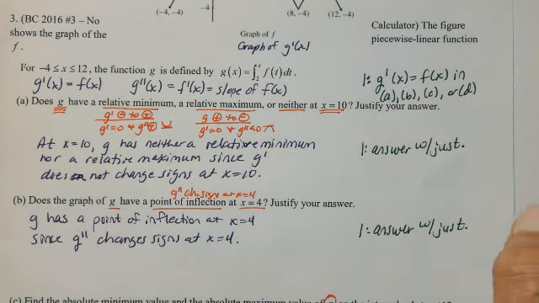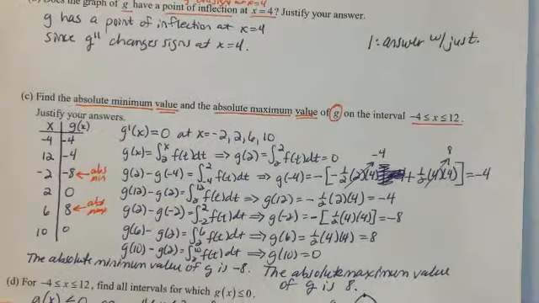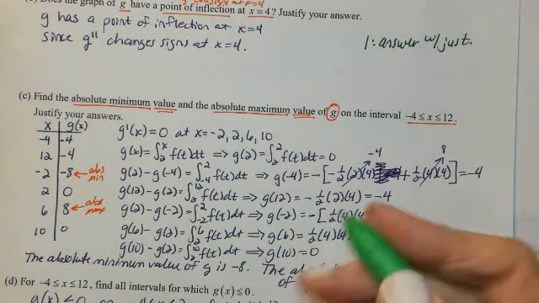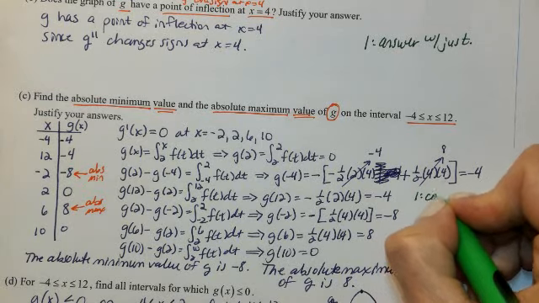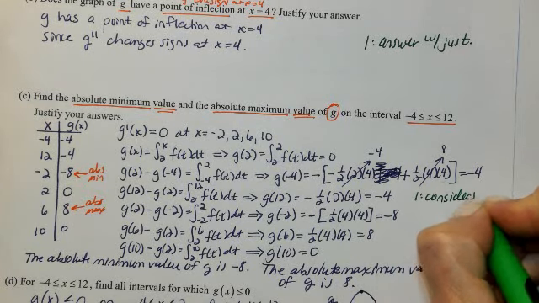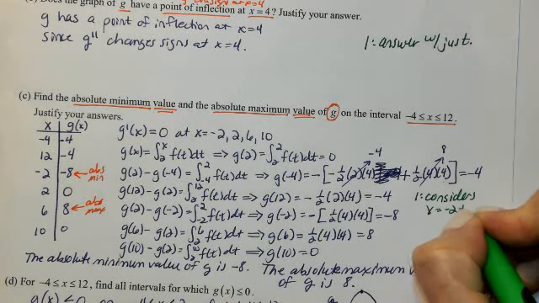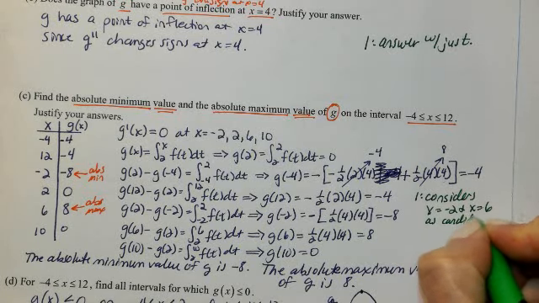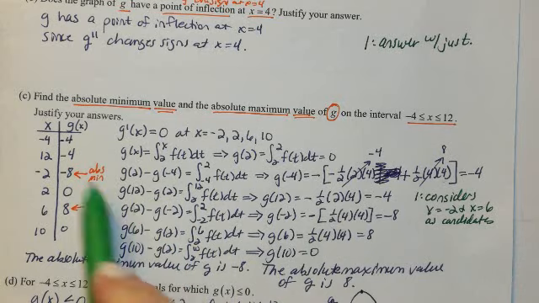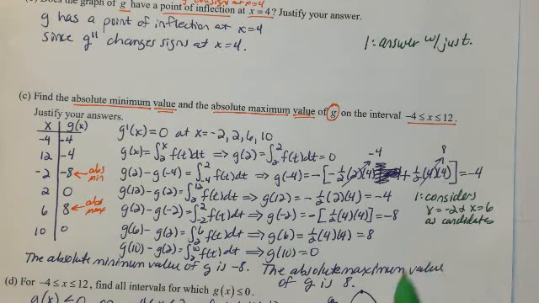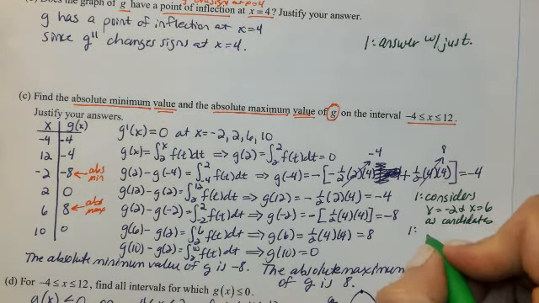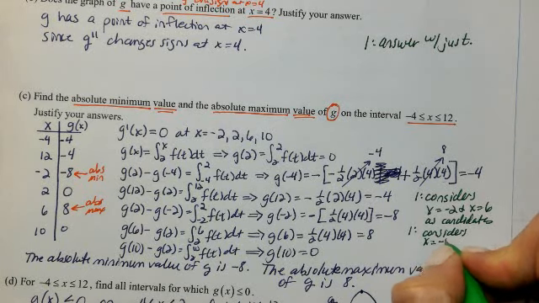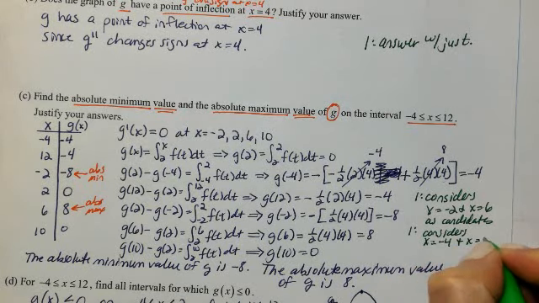That was it. Part C was worth 4 points, and I'm going to try to cram this in. 1 point for considering x equals -2 and x equals 6 as candidates. So if you put -2 and 6 on your chart, you got that 1 point. 1 point for considering x equals -4 and x equals 12.